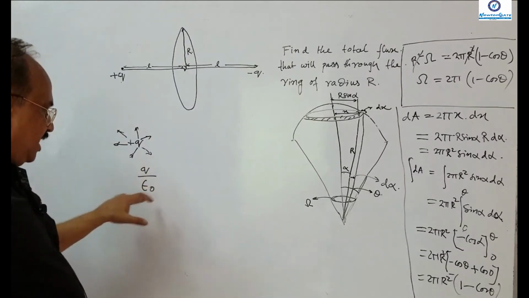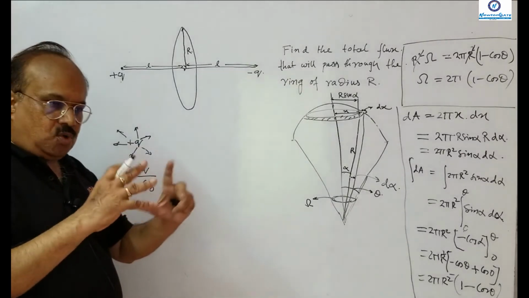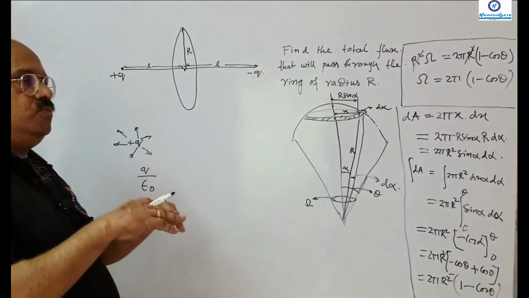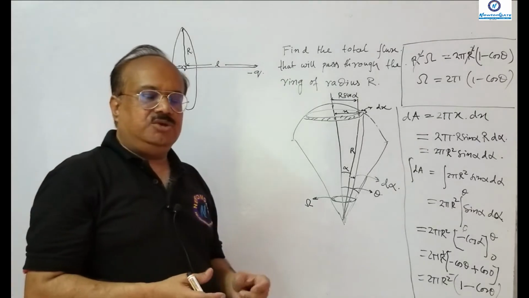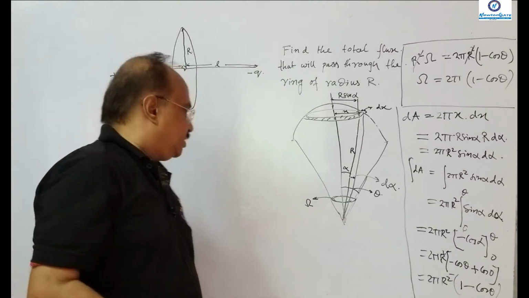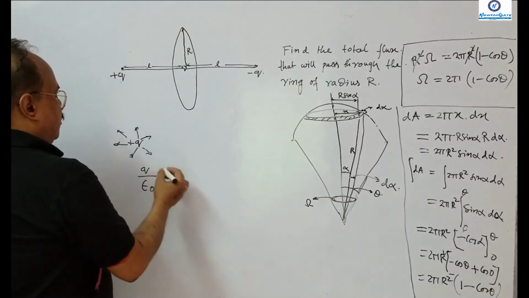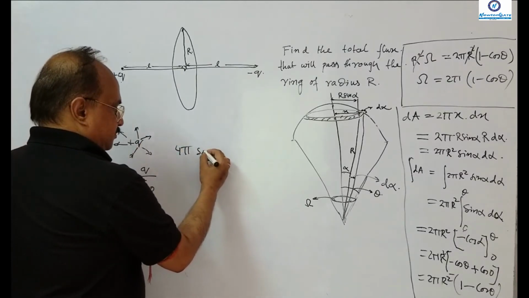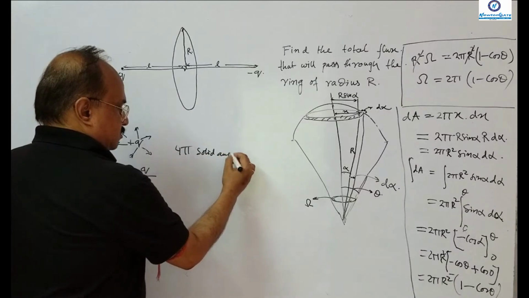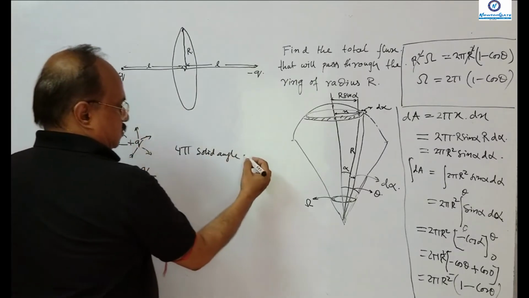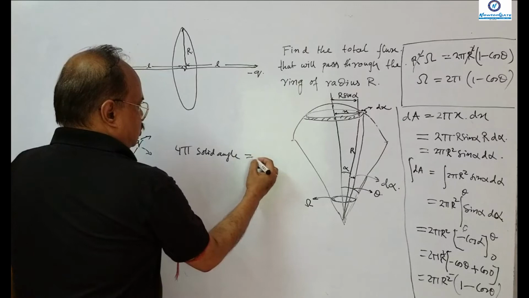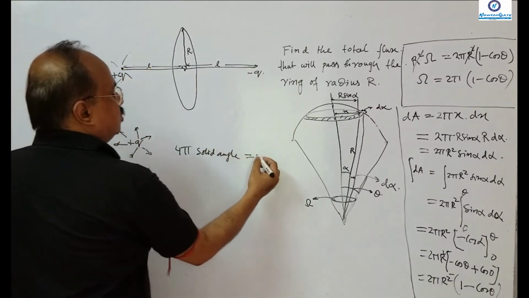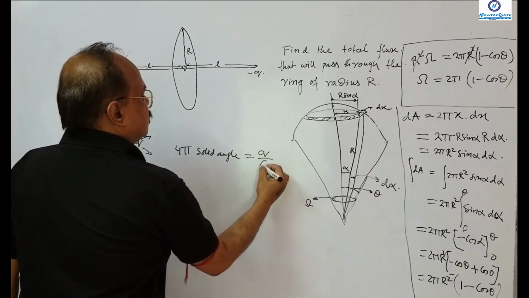This flux is spreading throughout all dimensions, that is, in the total solid angle of 4 pi. That means for the 4 pi solid angle, this Q is giving out flux equal to Q by epsilon naught.